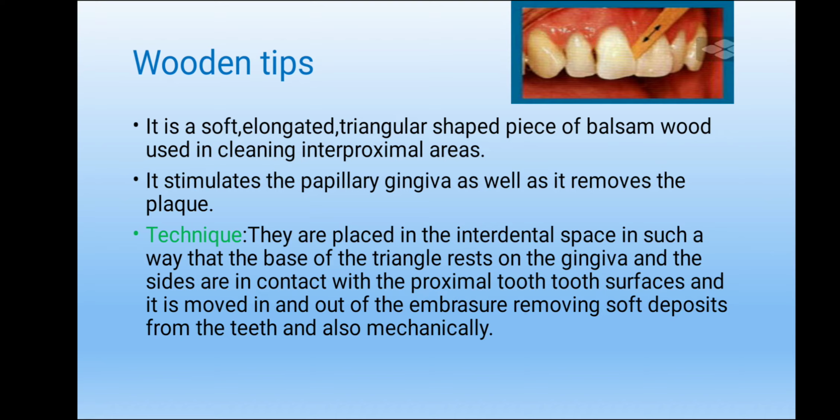Technique: they are placed in the interdental space as you see in this diagram in such a way that the base of the triangle rests on the gingiva and the sides are in contact with the proximal tooth surfaces, and it is moved in and out of the embrasure, removing soft deposits from the teeth mechanically.